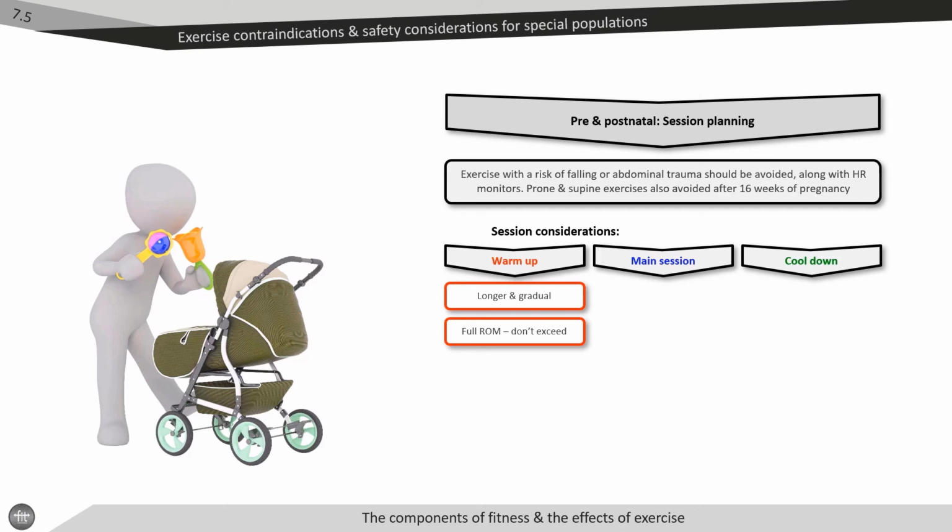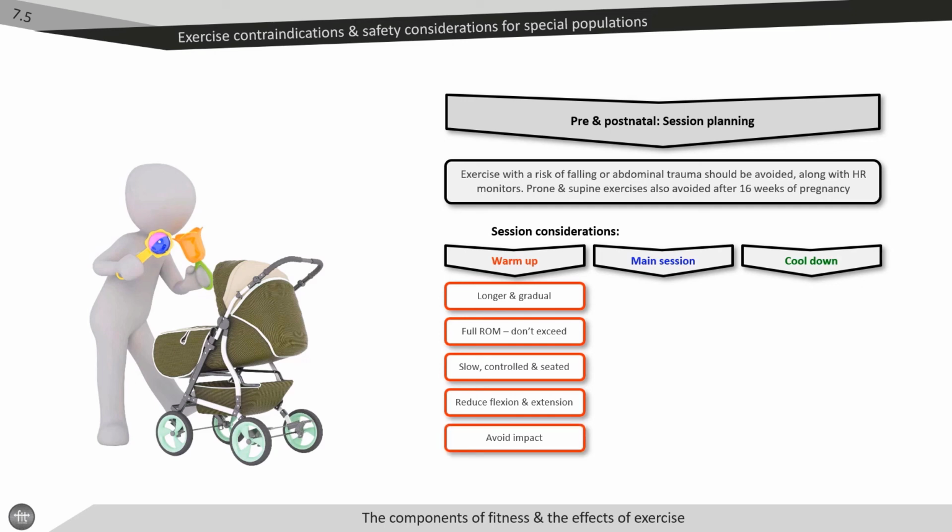To ensure joint stability and control, exercises may need to be adapted to a seated or suitable standing position. Also avoiding any movements with excessive flexion or extension, such as lunges and squats, may be preferred. And adapting exercise with impact to reduce joint and pelvic floor stress will also be preferred. An example of this would be using a recumbent bike over a treadmill for both comfort and safety.